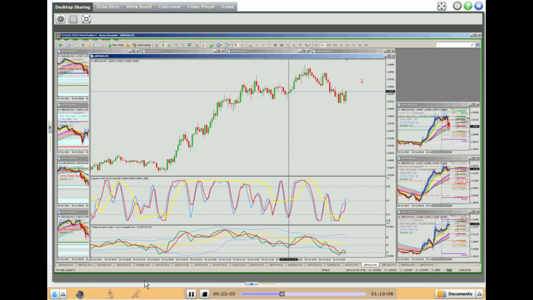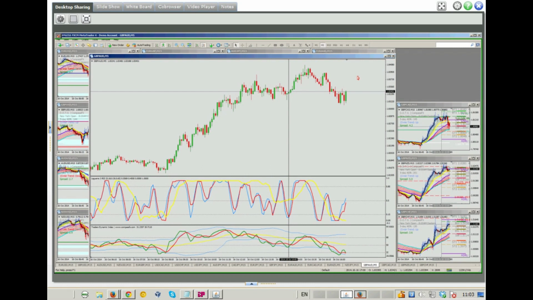I'm going to draw it at the close of the candle right there. And I'm drawing a line through the close of the opposite color candle. And there's my horizontal line right there. That's your beginning. That's the setup right there.